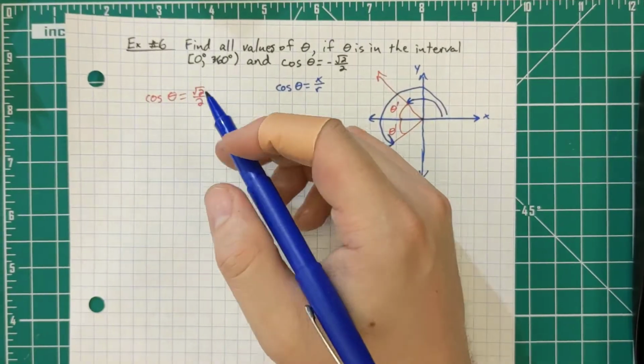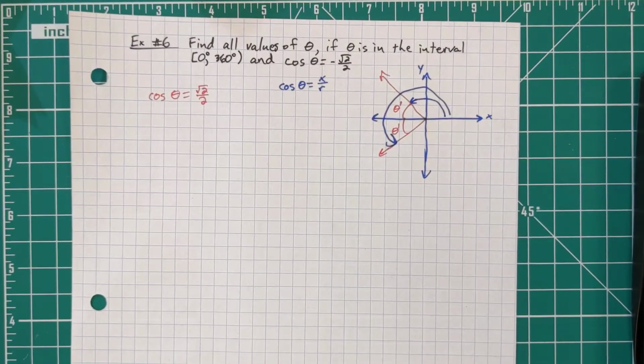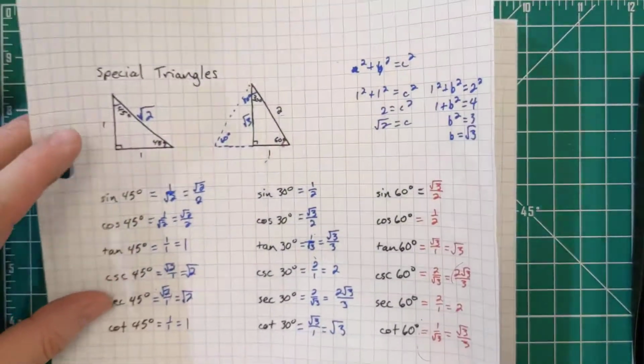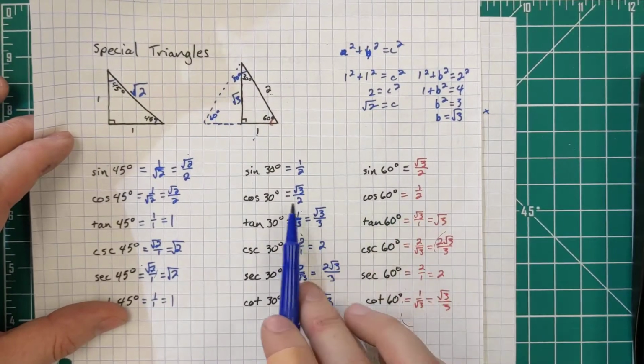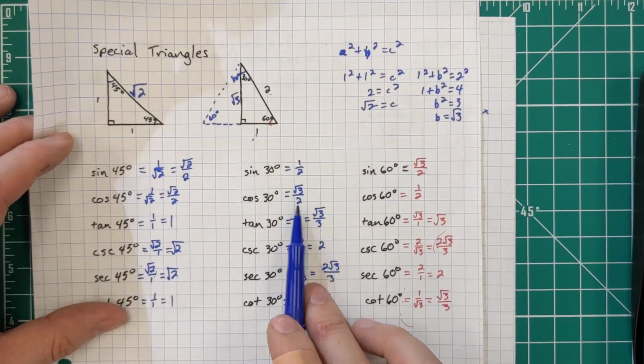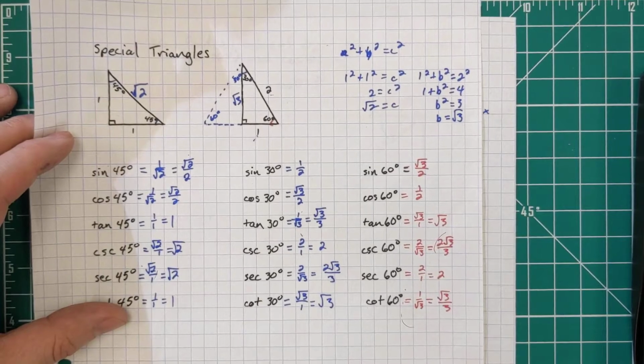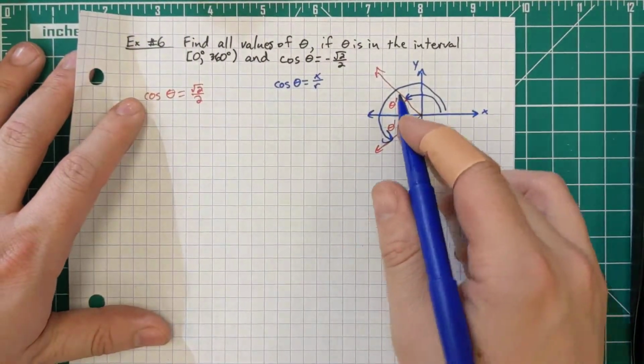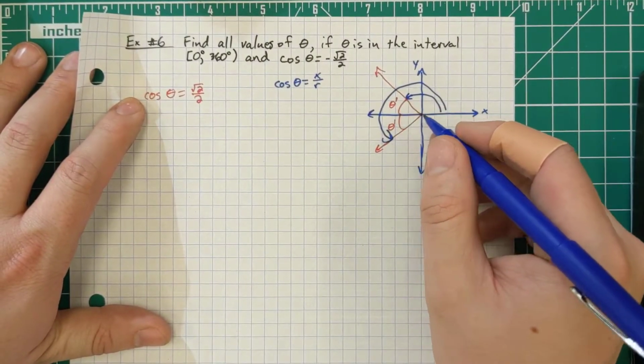So what is that theta? Well, let's go back to what we've been referencing. We have a cosine and a square root of 2 over 2. So cosine of 60 is 1/2, cosine of 30 is square root of 3 over 2, cosine of 45 degrees, hey, square root of 2 over 2. So that is 45 degrees. So this has to be 45 degrees.